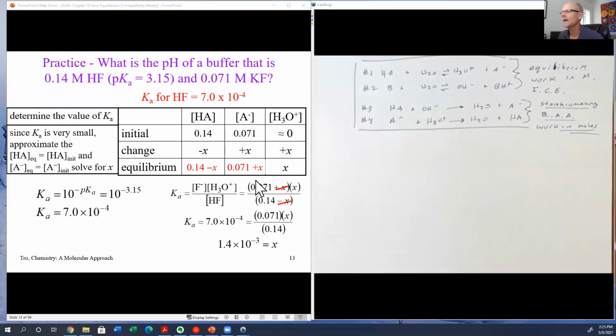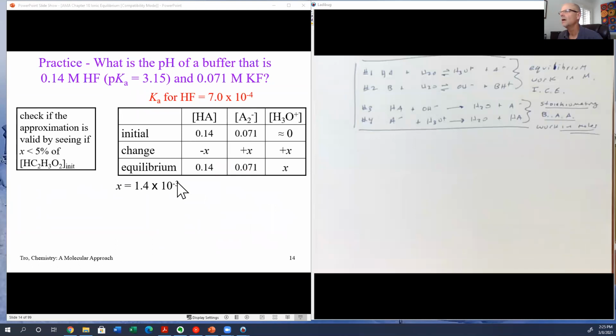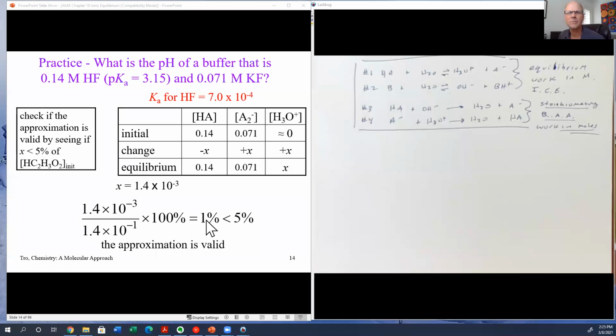What's happening here is that I plug into the expression for K: F minus H3O plus over HF. I make the X is small approximation and then I solve for X. This is just checking that the X is small approximation is valid, and it is.